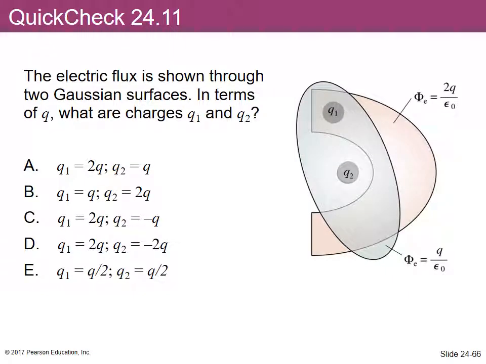The electric flux is shown through two Gaussian surfaces. In terms of Q, what are the charges Q1 and Q2?